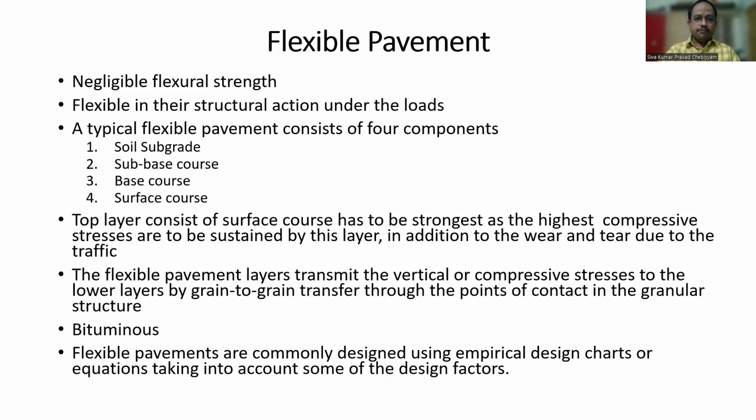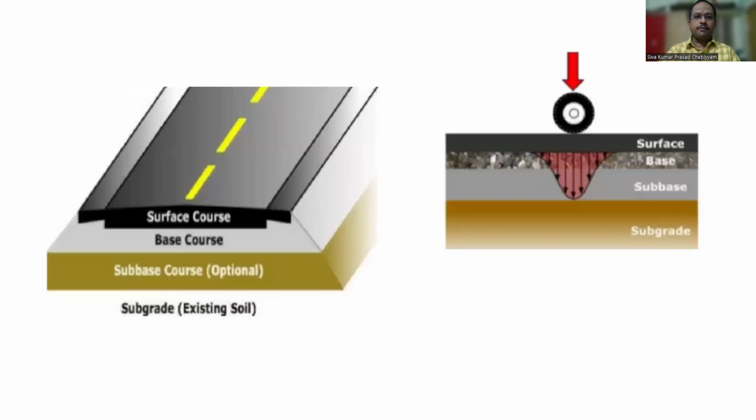Let's see the typical cross section of a flexible pavement and the load transfer mechanism. You can see one sketch showing the cross-sectional view of a pavement: a subgrade of rich soil, a sub-base course, a base course, and on top of it, a wearing course.